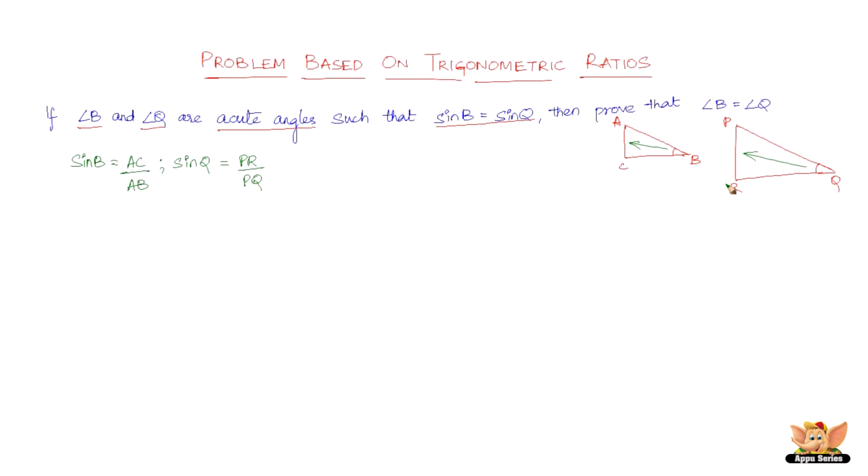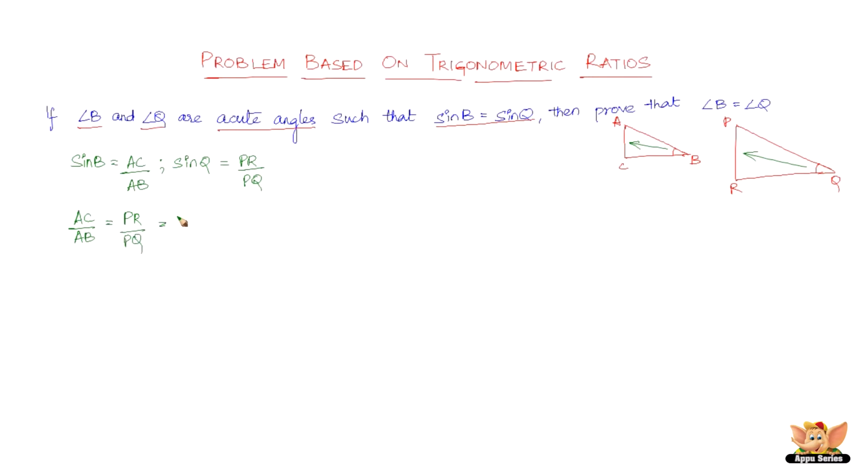Since in the question it is given that sin B equals sin Q, we should have AC by AB equal to PR by PQ.